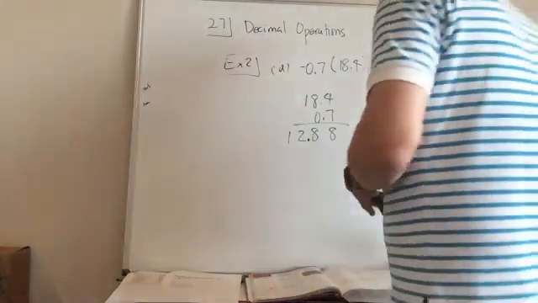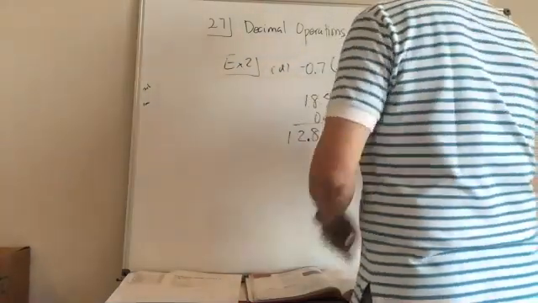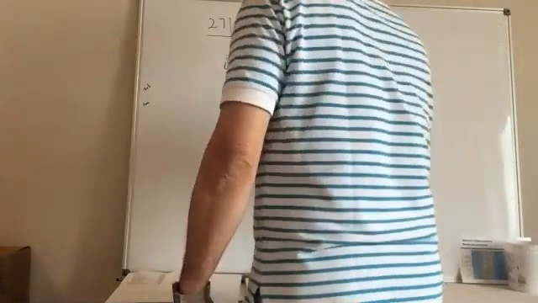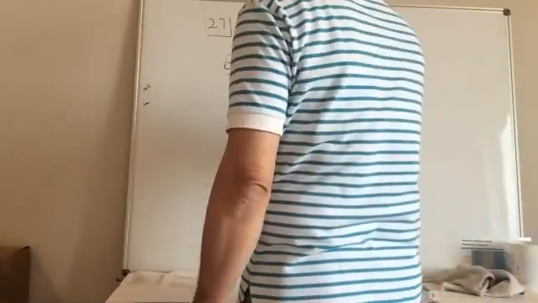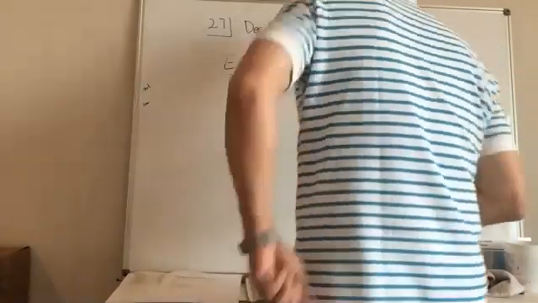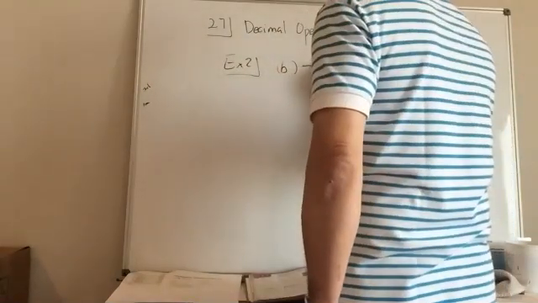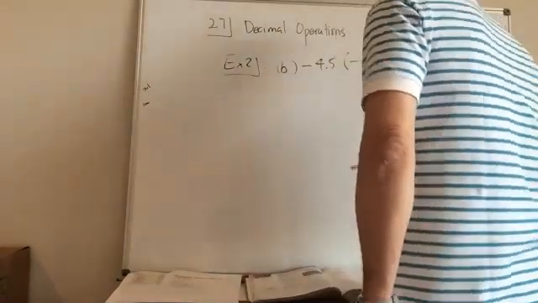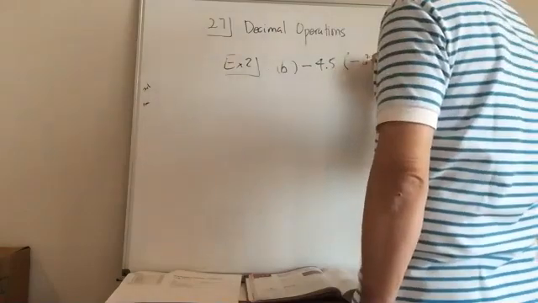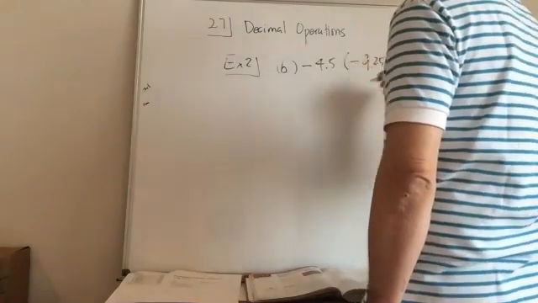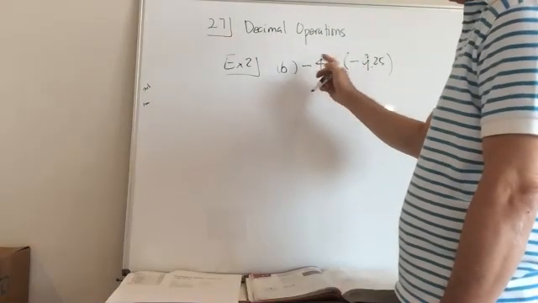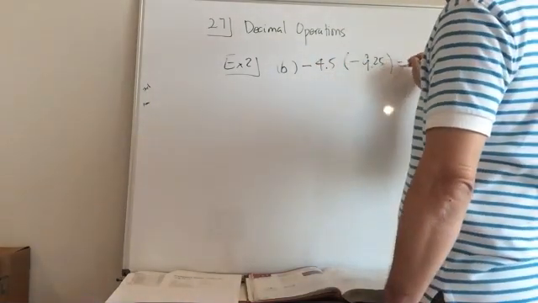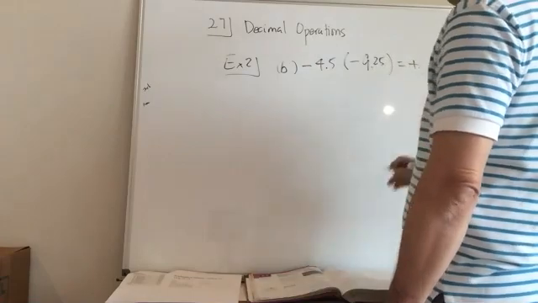Okay. Then we have B. In B, we have a negative number, negative 4.5 times a negative 9.25. We have a negative number times a negative number. This becomes a positive number, right? Negative times a negative is a positive.